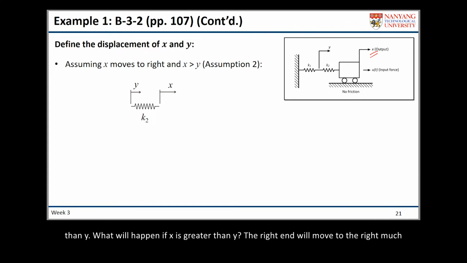The right end is moving to the right much more than the left end is moving to the right. What does it mean? That means the spring is stretched, isn't it? The spring is becoming longer because the right end is moving more to the right than the left end is moving to the right. So the spring essentially is stretched.